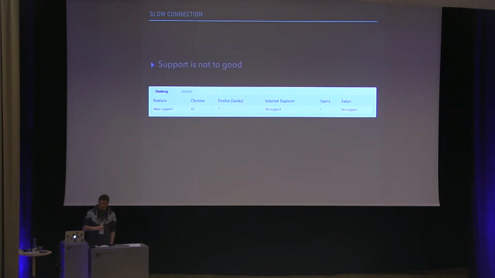But it's experimental and it only works in Chrome. I do not know if it's working in Opera. Definitely not supported in Internet Explorer and definitely not supported in Safari. So yeah, would be awesome, but if you're not sure that all your users are working on Chrome, you shouldn't rely too much on that.